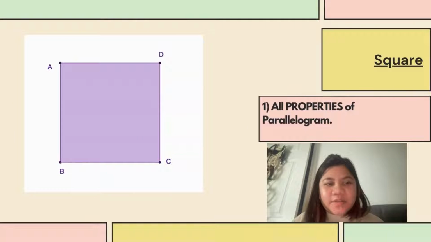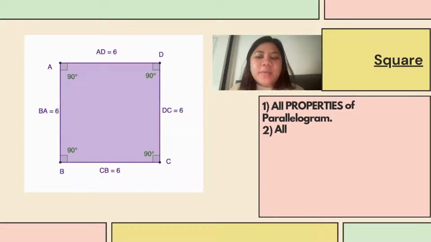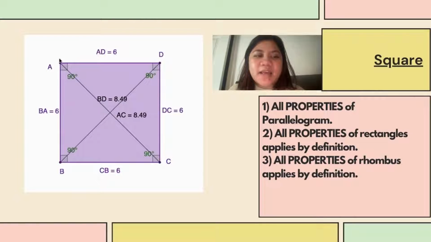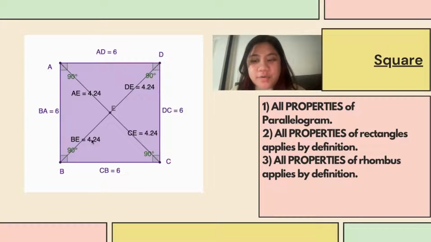The famous square is also part of the quadrilateral family. It has all properties of a parallelogram by definition. So a square has all properties of rectangles and rhombuses by definition, as you see here in the diagram. The interior angles are 90 degrees. The diagonals are congruent.